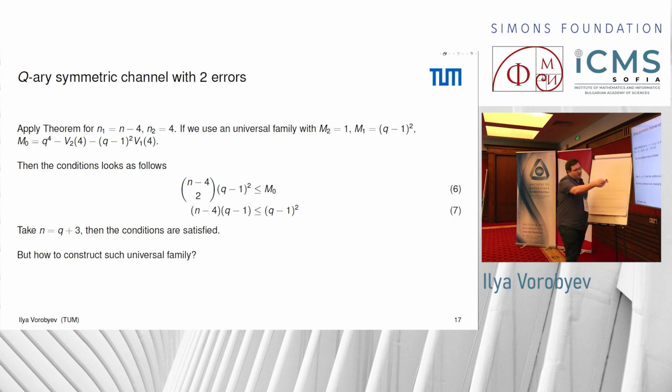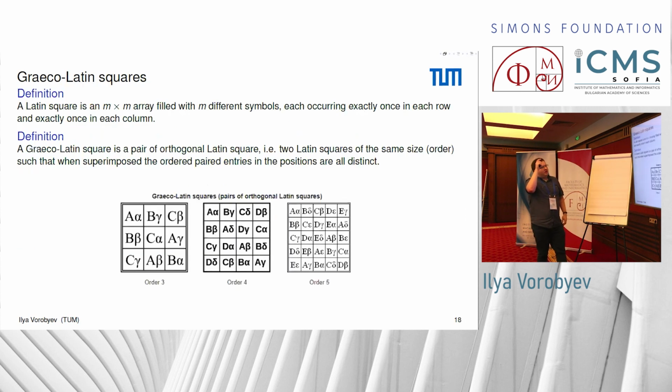And such a family exists because there are Latin squares. A Latin square, I think you know, is an m by m array filled with m symbols such that each occurs exactly once in each row and each column. And a Greco-Latin square is a pair of orthogonal Latin squares. So for example, here we have Greco-Latin squares of order 3, 4, and 5.